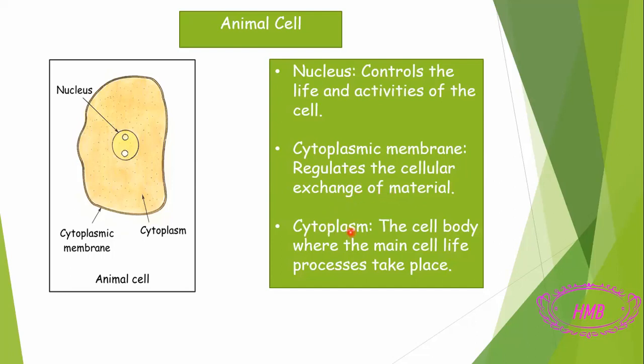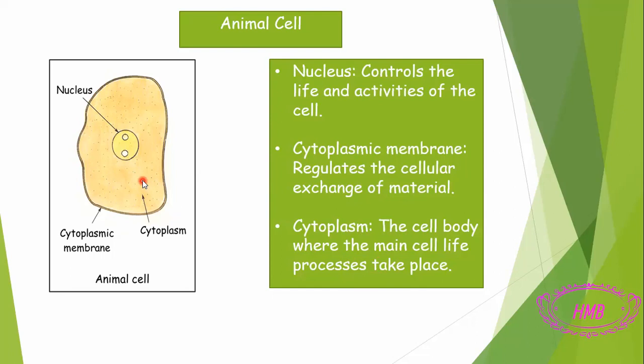Finally, we have the cytoplasm, which is the space that fills the inner side of the cell. The cytoplasm is the cell body where the main cell life processes take place. When the oxygen enters the cell, it will enter here into this space that is called cytoplasm.